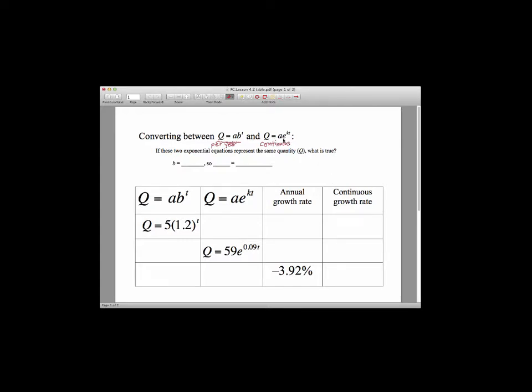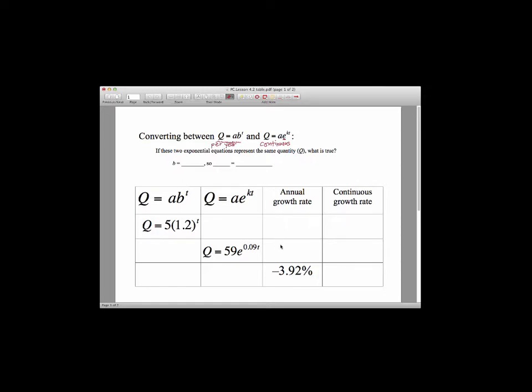E, of course, is a number. It's a special number, kind of like pi, but it's a constant. K is considered the continuous growth rate in its decimal form. T is still the input. A is still the initial amount, and Q is still the ending amount or the quantity that it grows to.